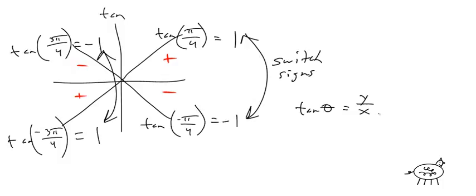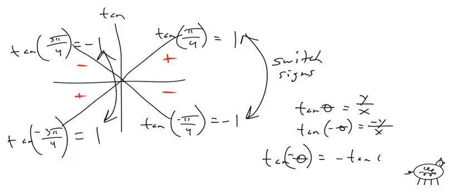And then if I go to a negative value, tangent of negative theta is equal to negative y over x, right? So it flips the sign. So tangent of negative theta is equal to negative tangent of theta. So if the angle is negative, it's the same thing as taking the tangent of the positive angle and putting a negative in front of it.